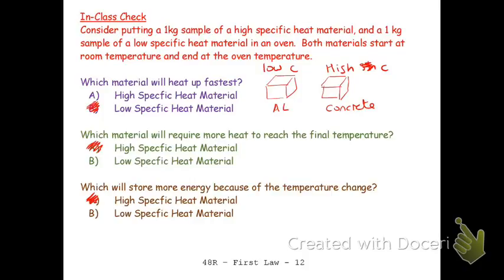So the temperature again stays stable. So high specific heat materials tend to give you thermal stability. It takes a lot to make them hotter, it takes a lot to make them colder. Whereas low specific heat materials give you reactivity. So they both have their uses. It's not that one's good and one's bad.